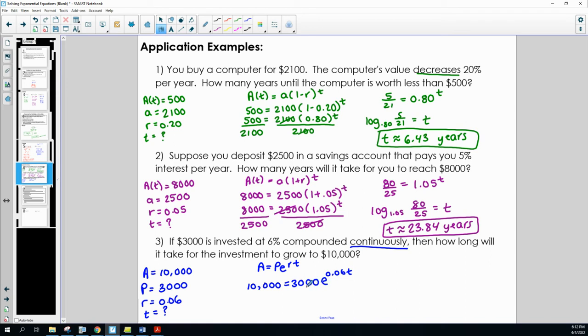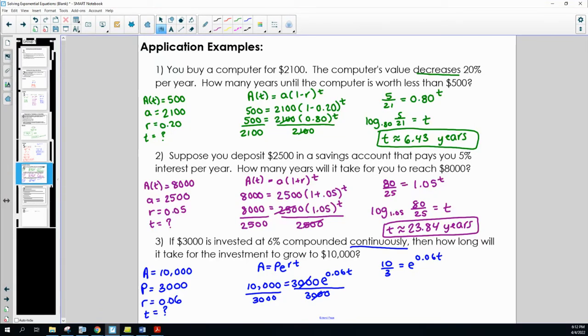Just like before, we want to isolate the base to the exponent, so we're going to divide both sides by 3,000. And again, I'm just going to chop off the zeros. So I end up with 10 over 3 equals e to the 0.06t.